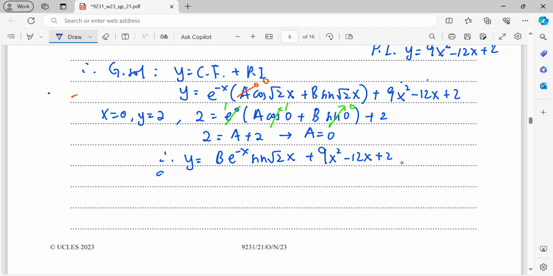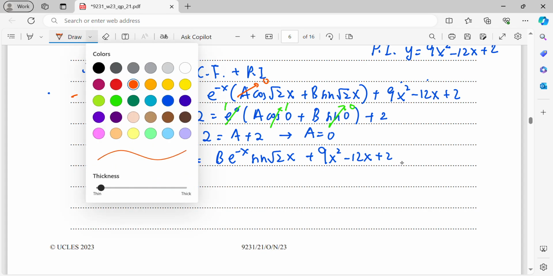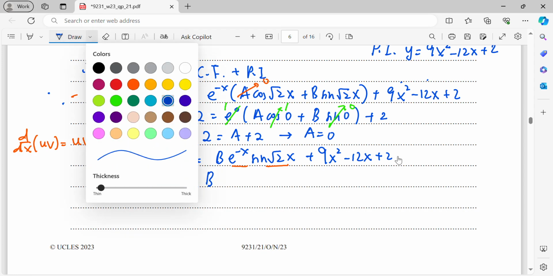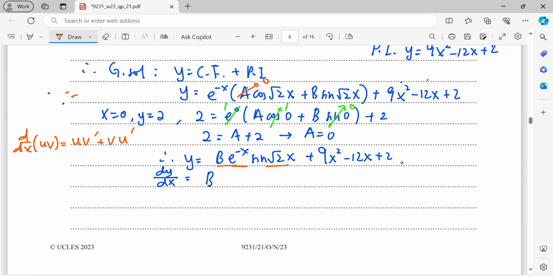So now, for the dy over dx, for the first part here, exponential times sine. This is basically the product rule. So d over dx of uv is going to be u v prime plus v u prime. Firstly, I keep the b e to the minus x as one term, I keep b e to the minus x as u.